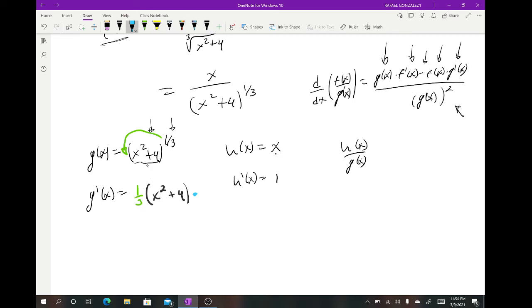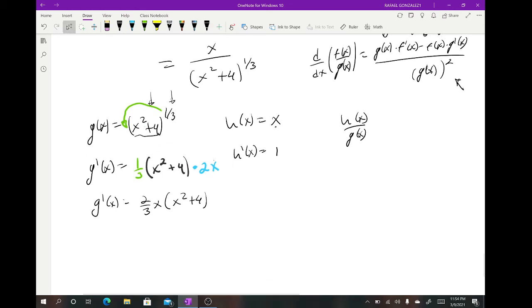The derivative of x squared plus 4 is simply 2x, because the derivative of x squared is 2x and the derivative of 4 is 0. So g prime of x is equal to 2 over 3x times (x squared plus 4) to the power negative 2/3. I simply move the 2x to the front and multiply it by 1/3. And I'm not going to distribute this on the inside yet, because it's not going to be as useful.